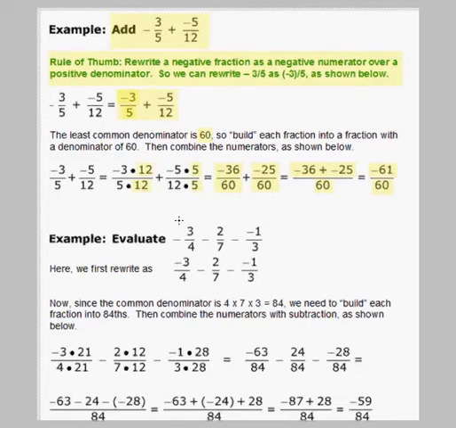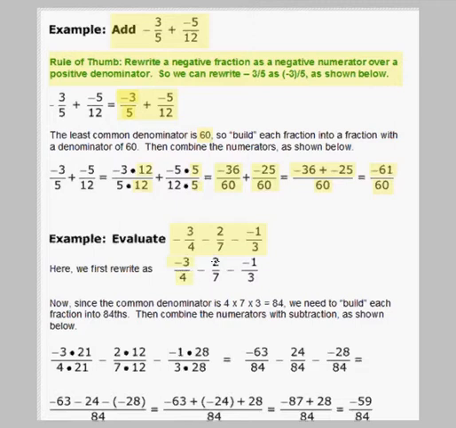Now let's look at a second example where we have three fractions, and there are two subtract signs between the three fractions. We have -3/4 minus 2/7 minus -1 over 3. We start by rewriting the -3/4 as -3 over 4.